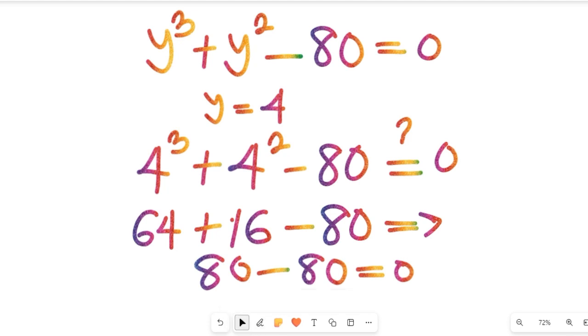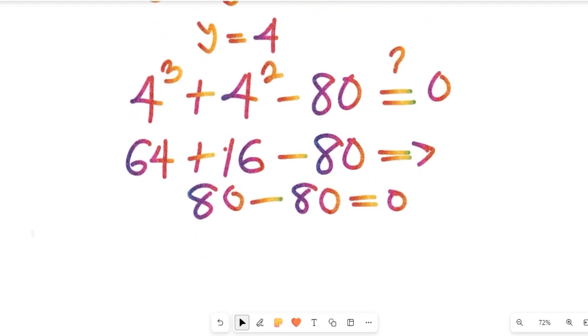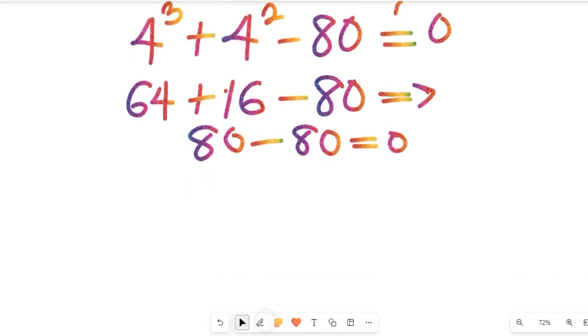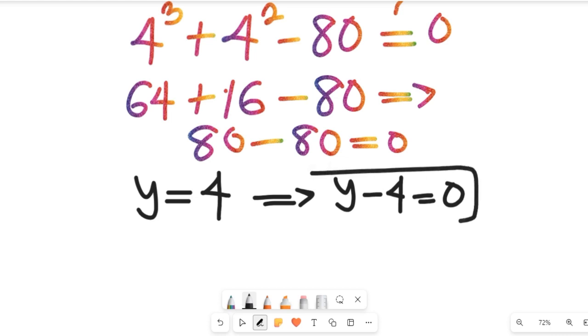Great. So that tells us that y equal to 4 is one of the solutions to that polynomial equation. So this can become y minus 4 equal to 0. That's the first solution to that equation.